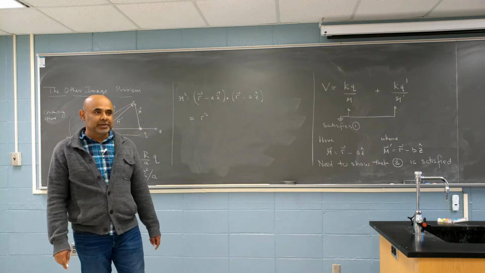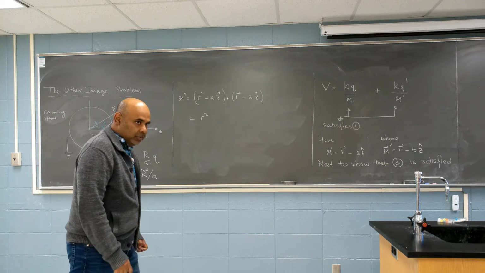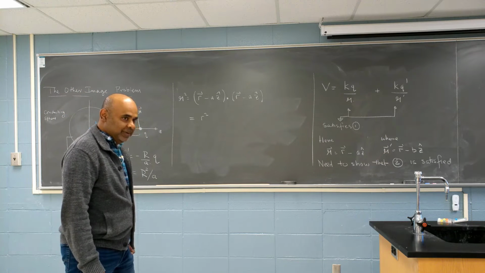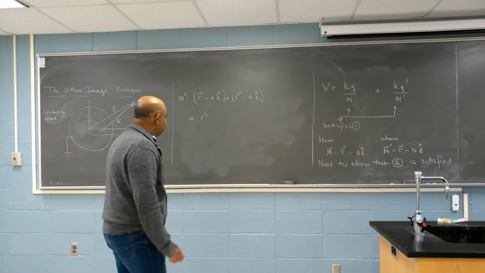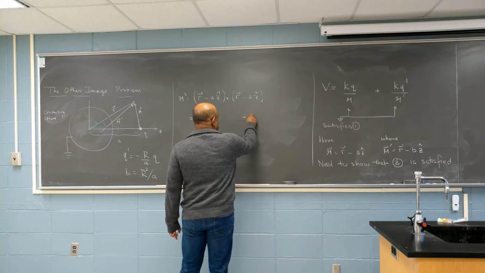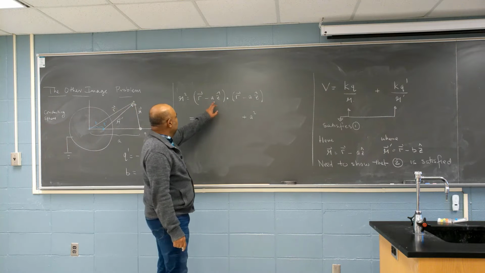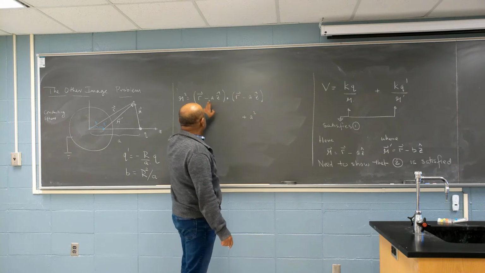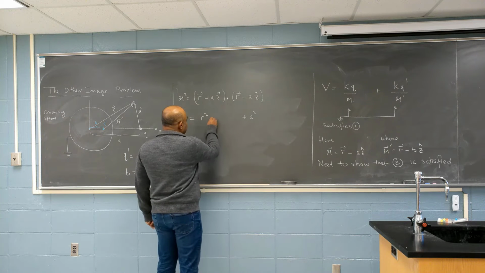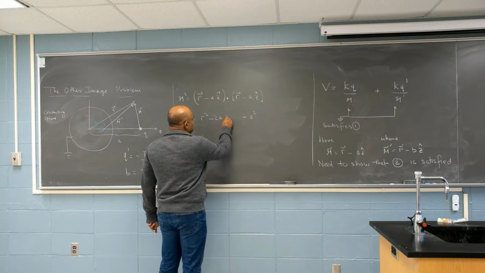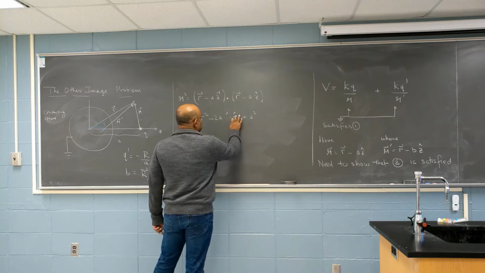Z hat dot Z hat is 1. And then you're going to have this dot this and this dot this. They're exactly the same term. So I get minus 2A Z hat dot R hat, or R hat dot Z hat.